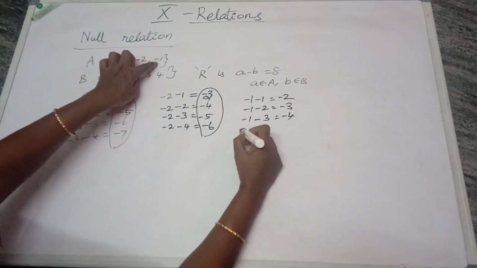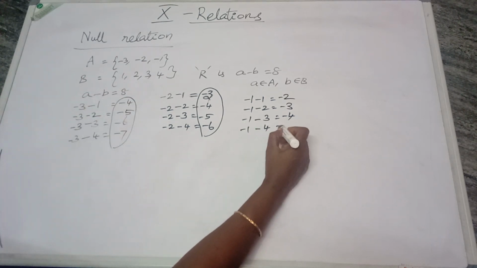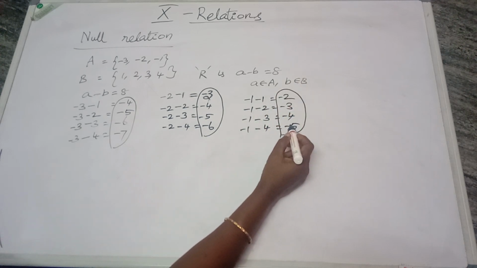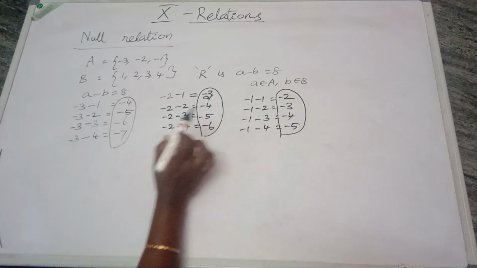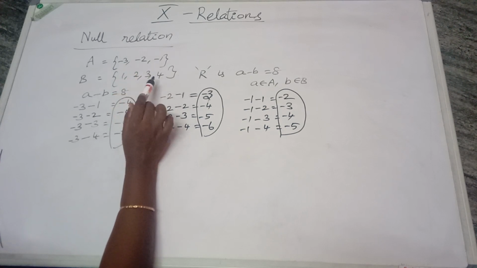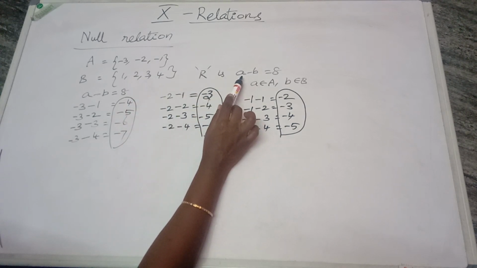With the fourth element, it is minus 5. So this result is also not equal to 8. Every element in A is not related to any element in B using this condition. It will not satisfy this condition.